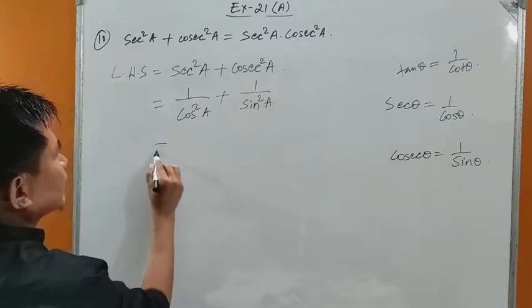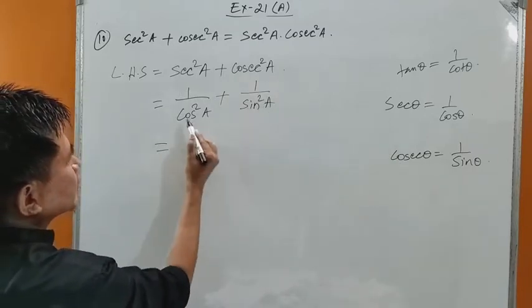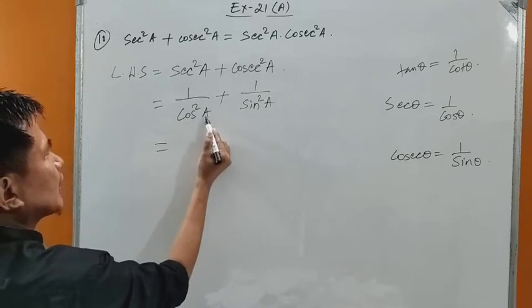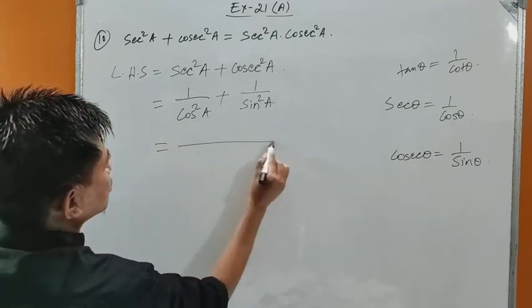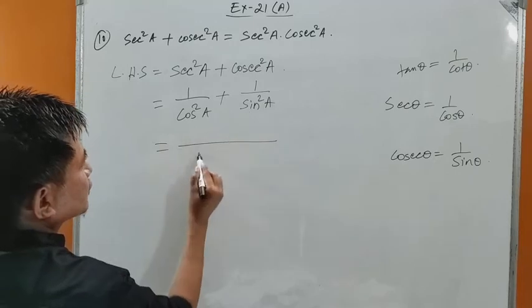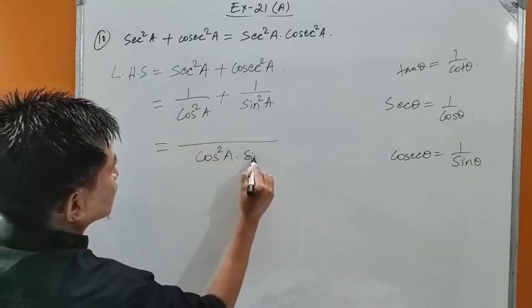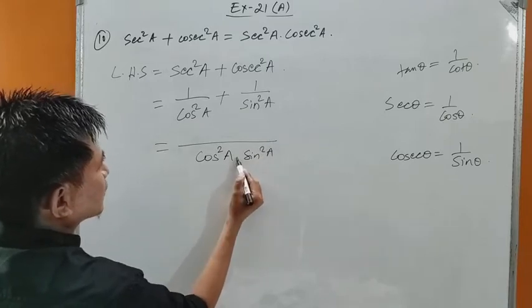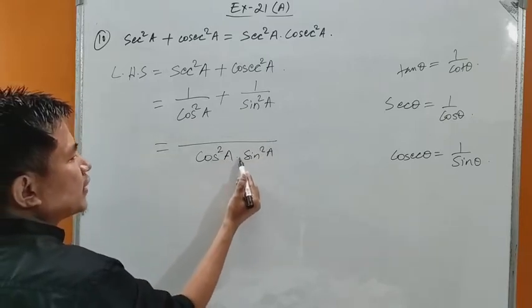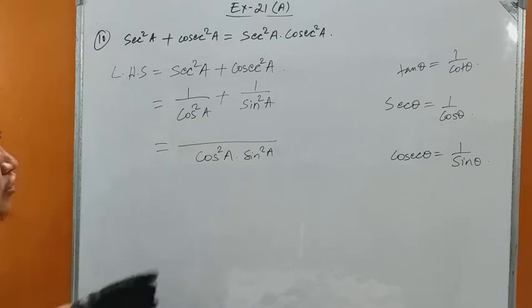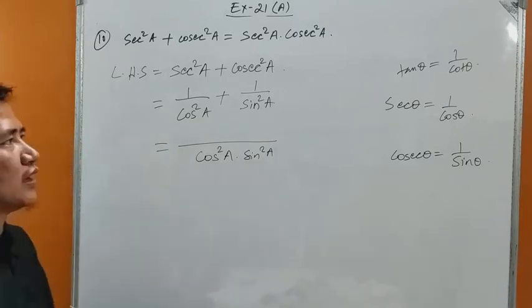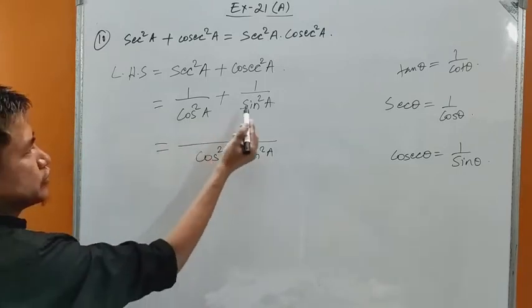Now let us take the LCM of the denominators. We have cos square A into sin square A. So the LCM of cos square A and sin square A is cos square A dot sin square A. Dot means into, okay? Cos square A times sin square A. This is the LCM between these two.